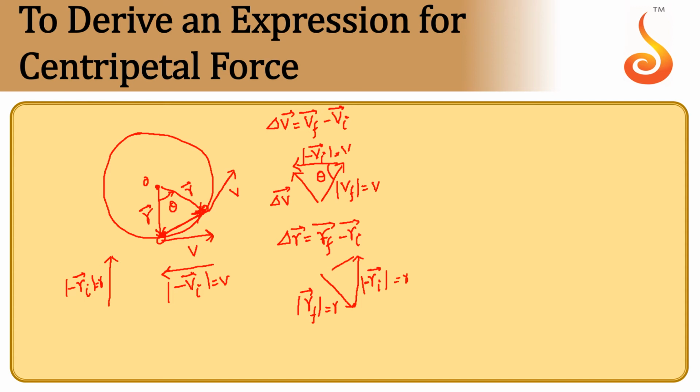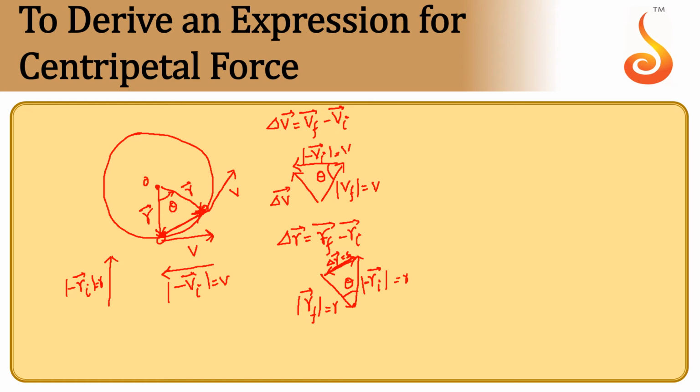Therefore this will be the change in radius, which is nothing but displacement. And what is the angle rotated by the radius vector? Of course, it is also rotated by an angle theta.